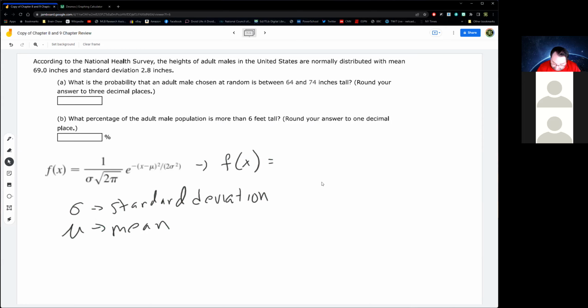So I have 1 over 2.8 square root of 2 pi, e to the negative x minus 69 squared over 2 times 2.8 squared.